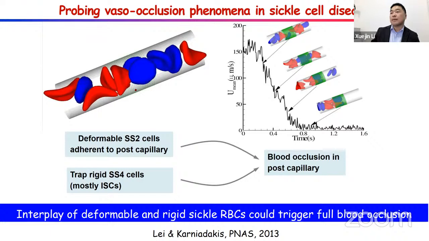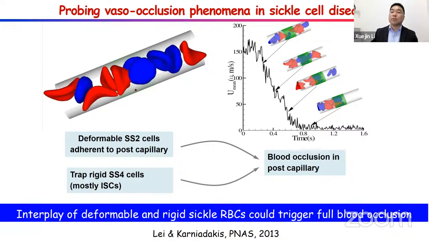So in the first step, the deformable cell needs to attach to the vessel wall, and reduce the effective size of the blood vessel. And in this way, they can trap the rigid cell.